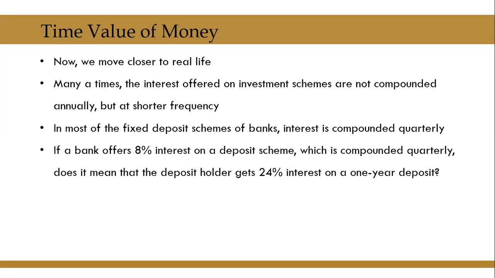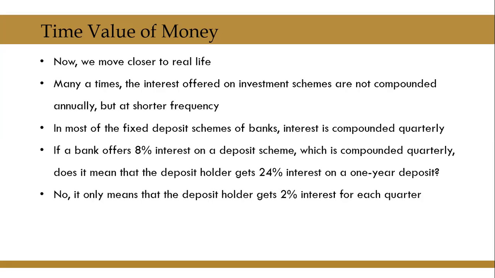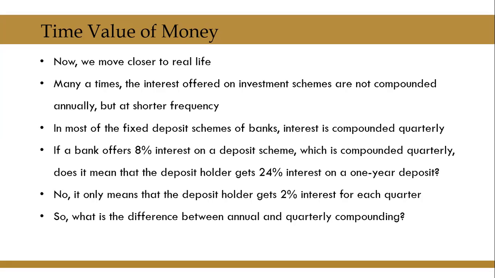Does it mean that the deposit holder gets 32% interest on a 1 year deposit, 8% every quarter? No, that's not the meaning. It only means that the deposit holder gets 2% interest for each quarter. Therefore, when quarterly compounding is done, the interest calculation happens 4 times a year.